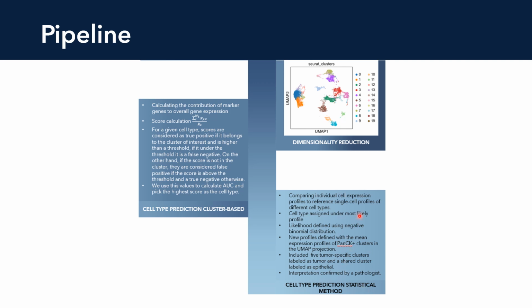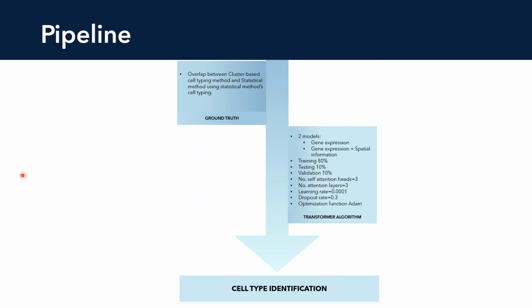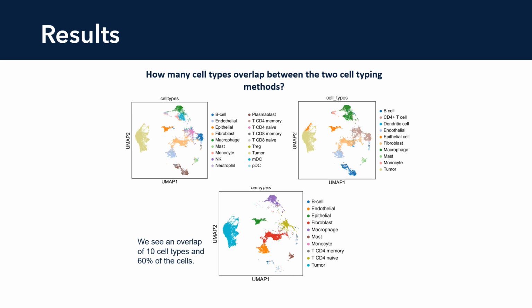This was designed by the NanoString people, so they already have this cell typing. To build our ground truth, we compare and overlap these two different cell typings and obtain the cells that overlap between both of them. With this, we use those cells to train our transformer algorithm, which is going to end up in the cell type identification.